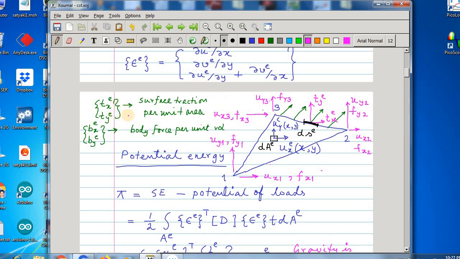Txe, tye are surface tractions. Here we are considering it as force per unit area, and Bxe, Bye is body force per unit volume.